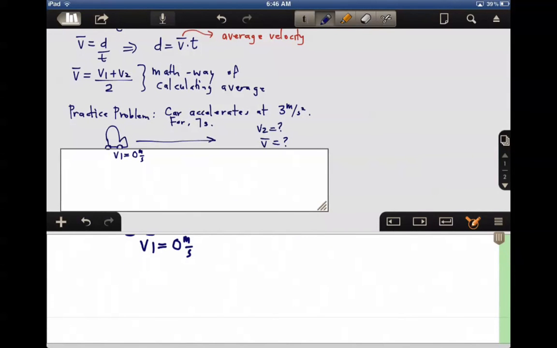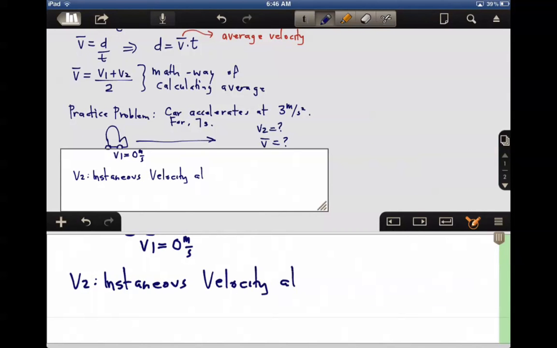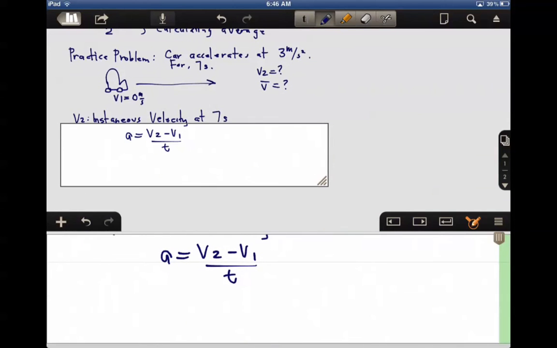So go ahead, take a minute, do this, and come back. So you're back. v2 is the instantaneous velocity at 7 seconds, or you could say after 7 seconds. So I'm going to use the acceleration equation, and I'm going to solve for v2. Remember, this sometimes is a hard equation to manipulate to get to v2.